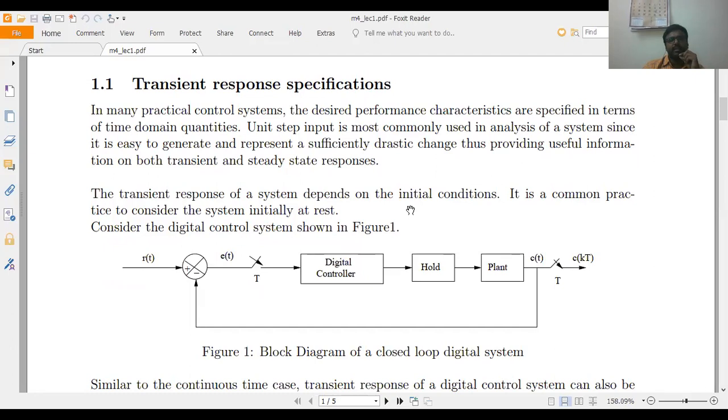Why? Because it is very easy to generate this step function and it can be represented easily. The main thing is that with this unit step function, there will be no drastic change in the control system, but we can analyze the transient and steady state responses.